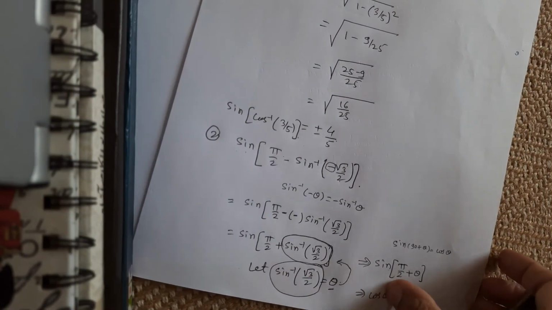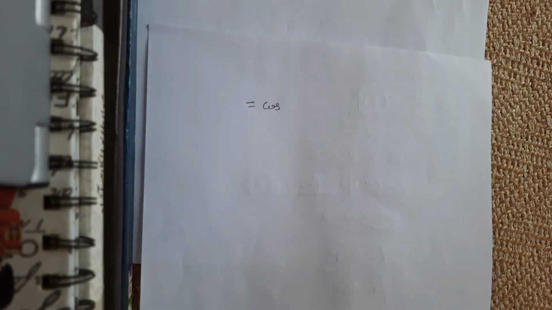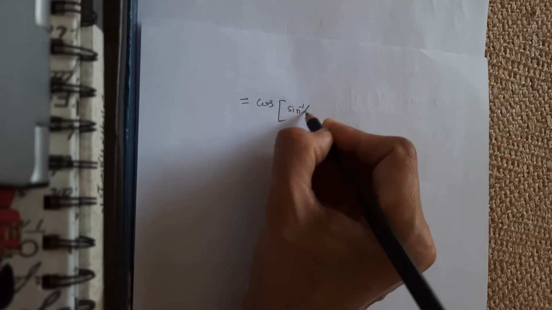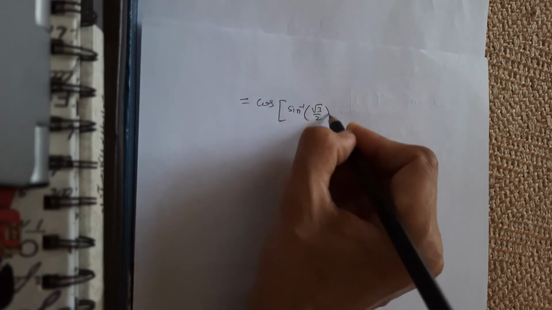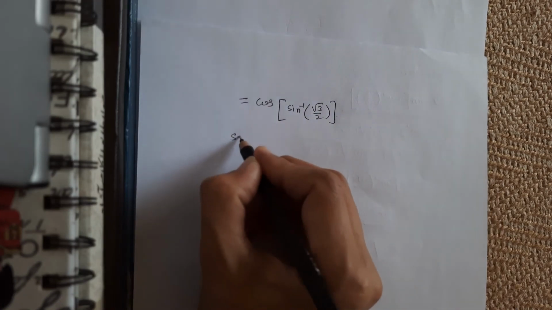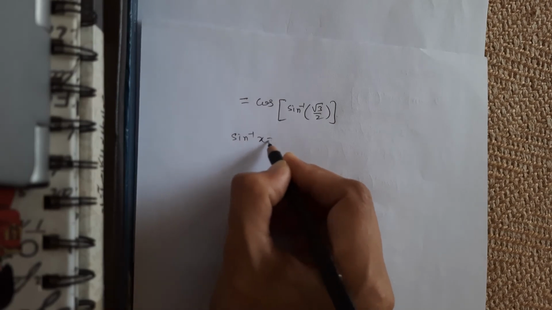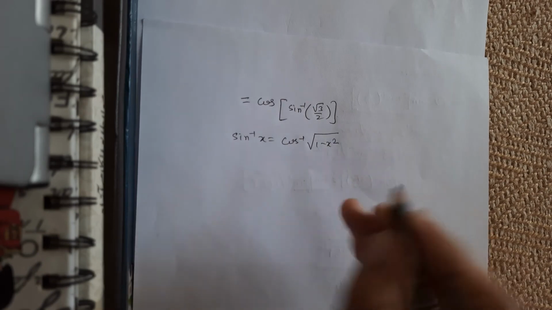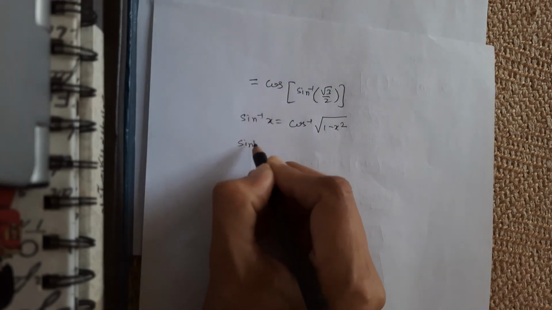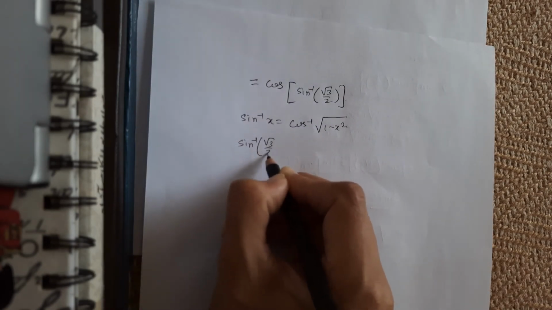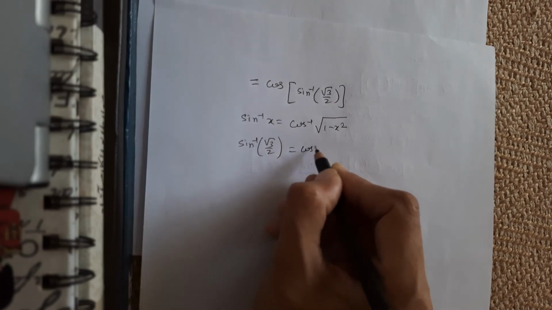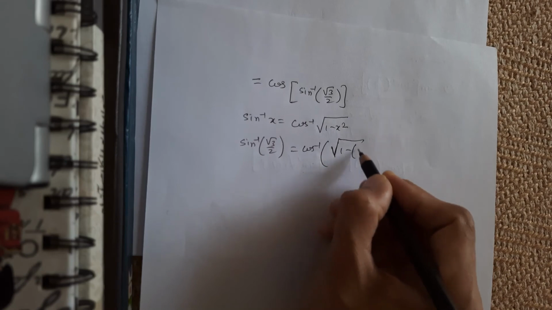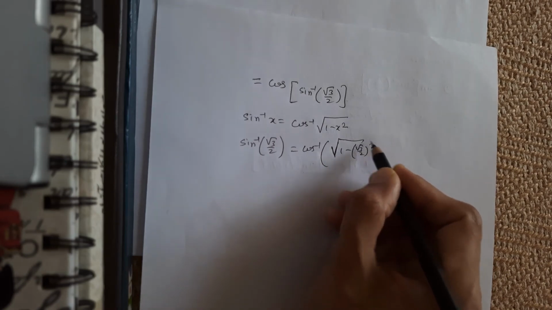So cos of sine inverse root 3 by 2. Now again I know that sine inverse of x can be written as cos inverse of root 1 minus x square. So therefore sine inverse of root 3 by 2 can be written as cos inverse of root 1 minus root 3 by 2 square.